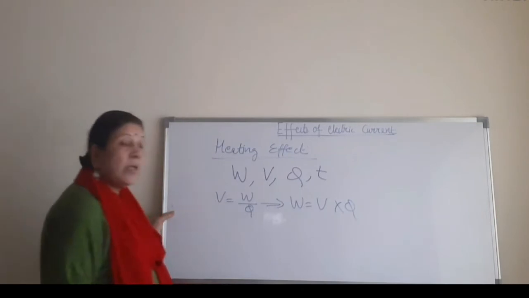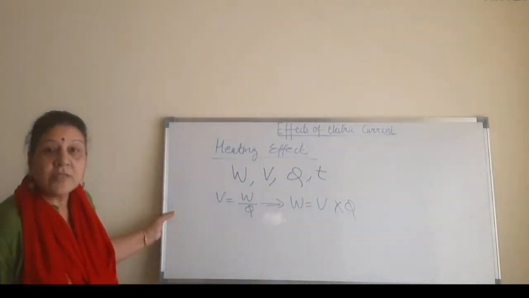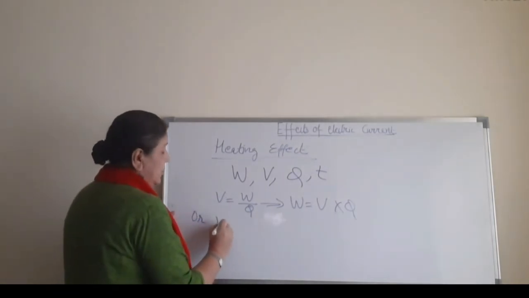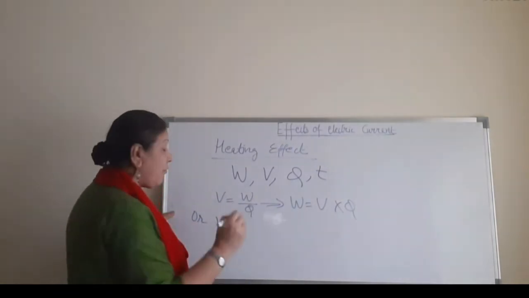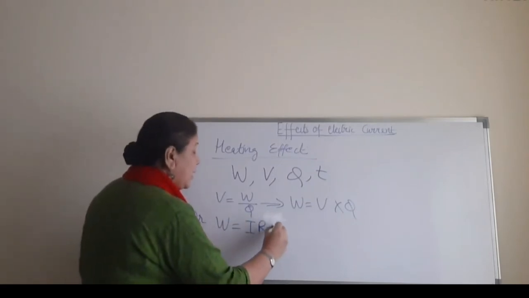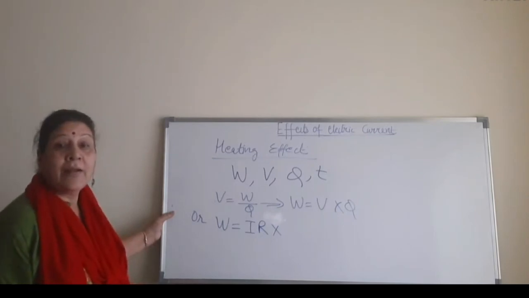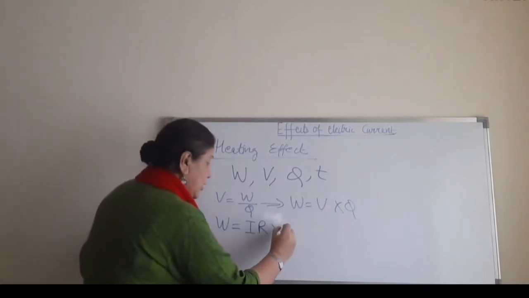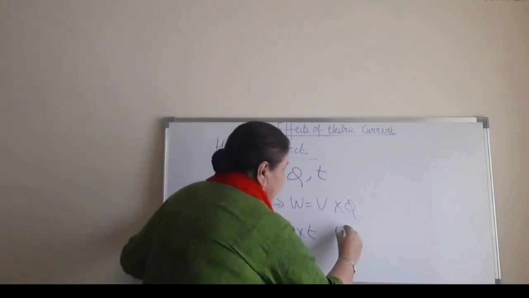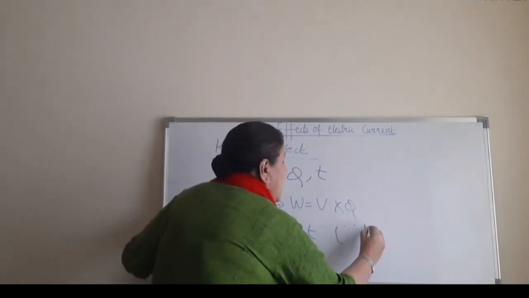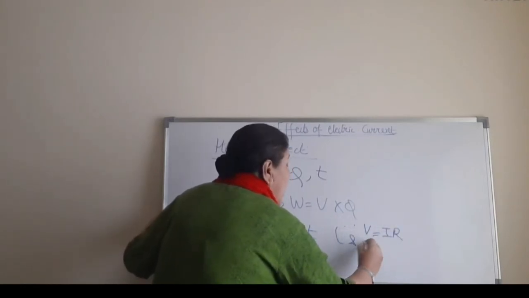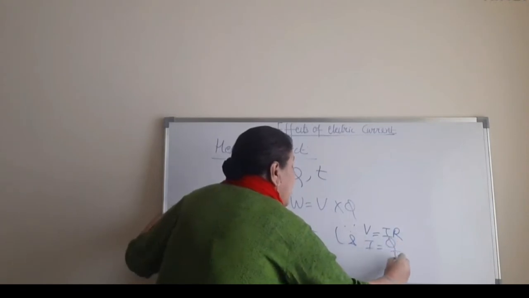We know that work done is equal to potential difference into charge. Or I can write W is equal to V, and instead of V I can write IR from Ohm's law, and instead of Q I can write I into t. How? Because V is equal to IR and I is equal to Q by t.